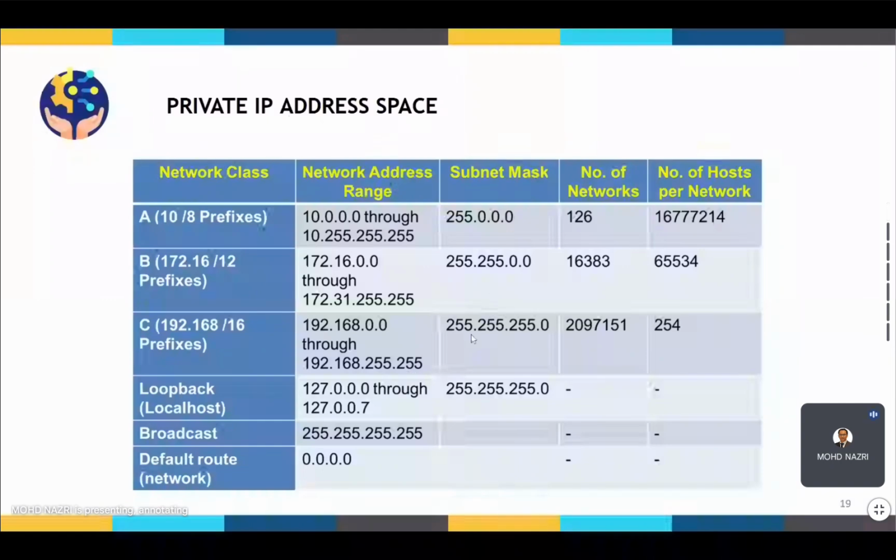The subnet mask is 255.255.255.0, and you can have up to 2 million networks or VLANs. For each VLAN or network, you can configure up to 254 hosts.